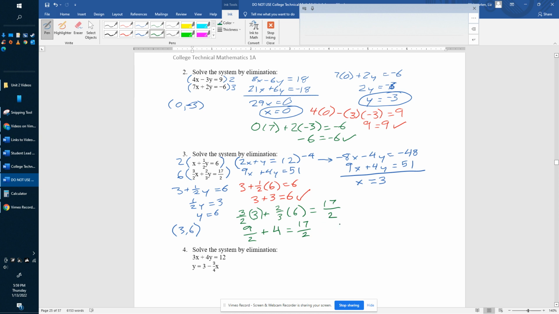So I am going to change that into an improper fraction. Turning that into an improper fraction, we get 9 halves plus 8 halves equals 17 halves. 9 plus 8 is 17, and it does equal 17 halves.